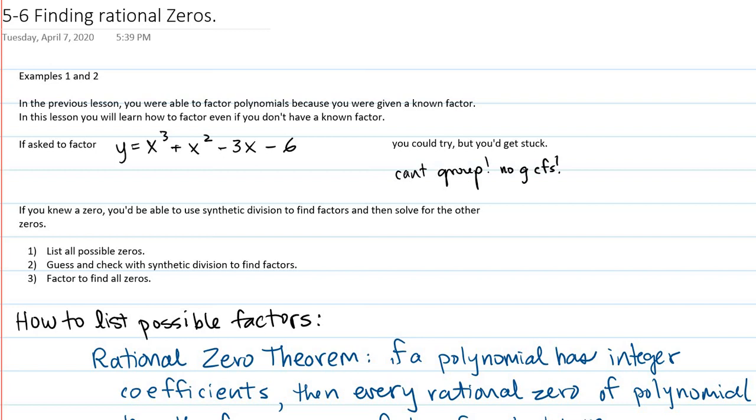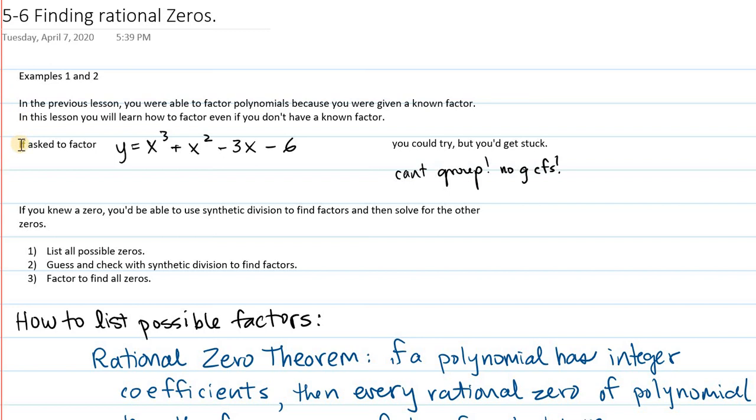In the previous lesson, you were able to factor polynomials because you were given a known factor. You were given a polynomial, and then I said something like 2 is a 0, and then you used synthetic division. In this lesson, you will learn how to factor even if you don't have a known factor.